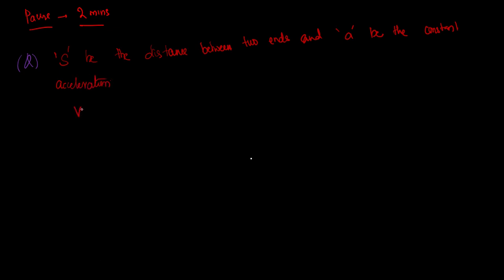So what is the position-velocity relation? v squared minus u squared is equal to 2as. From this, what is as? It is (v squared minus u squared) by 2.